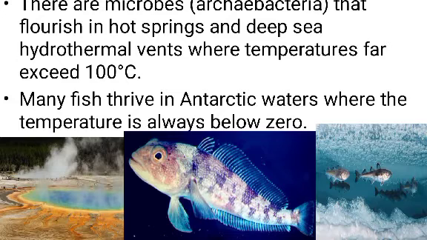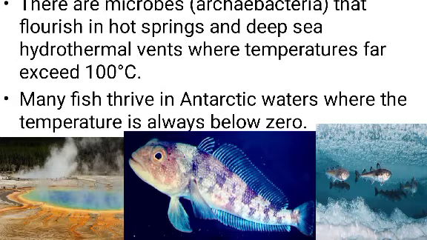Now the next two diagrams show the fishes which are living in the Antarctic waters. Here the temperature is very low, isn't it? But they are capable of surviving in that very low temperature, below 0 degrees centigrade. How? Because they have chemicals which can prevent freezing.